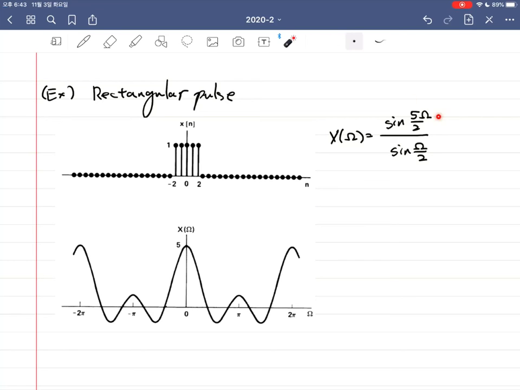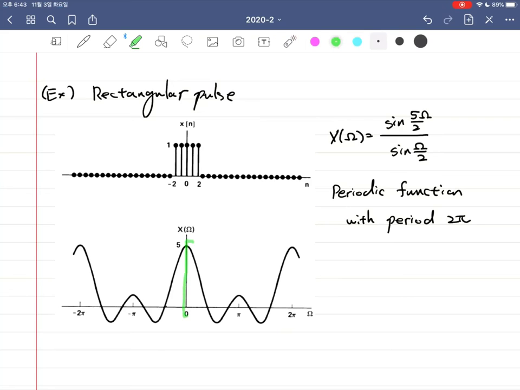This is a periodic function. If you plot it, you will get this one, and it's a periodic function with period 2 pi. If you cut from 0 to 2 pi, you can see that this thing repeats infinitely.